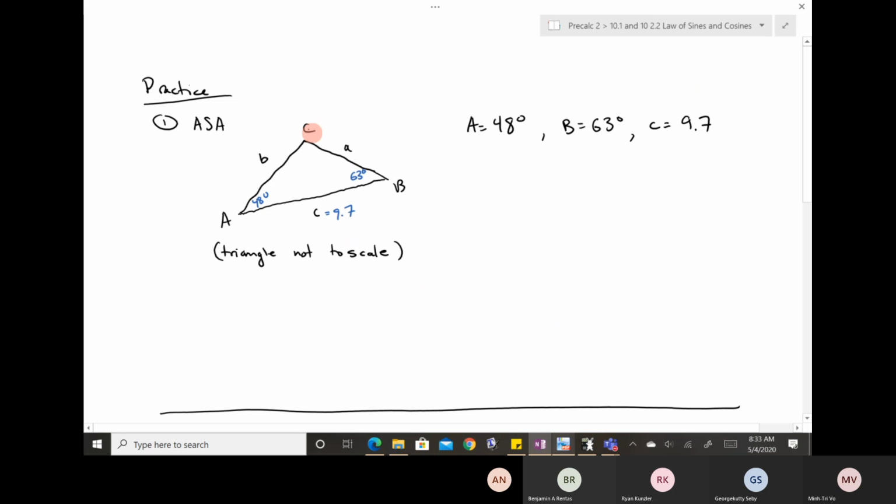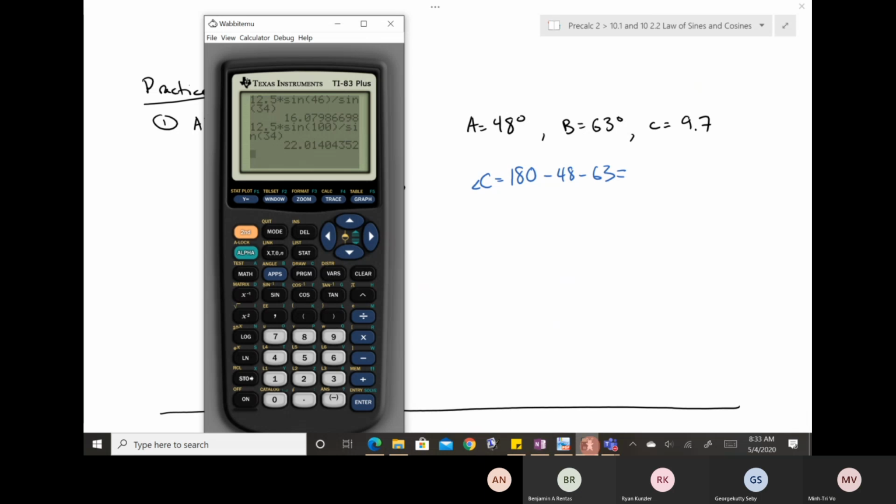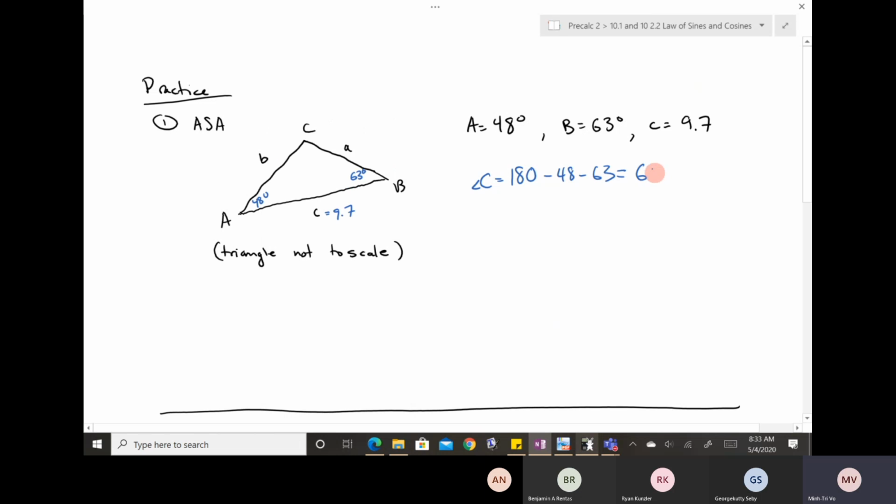So to figure out angle C again, it's similar to before, right? Because I know two of the angles, so I can calculate it with the rule that all three should add up to 180, right? So angle C would just be 180 minus 48 minus 63. So we get 69 degrees for C.